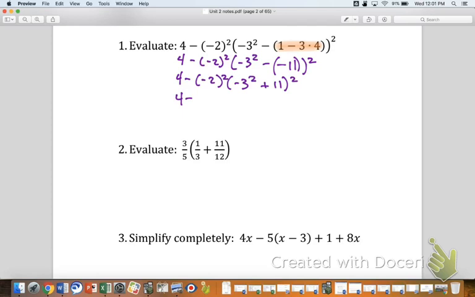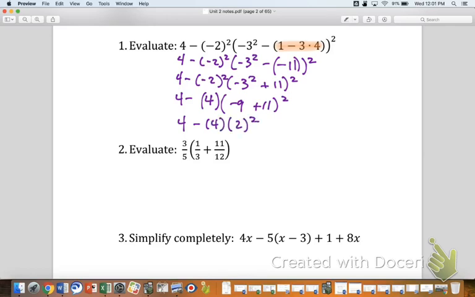Positive 4. Positive, right? Positive 4, yep. So 4 minus 4 times, now in here, what is the negative of 3 squared? Negative 9. That's where I went wrong. Gotcha. That's an easy place to go wrong. Okay, so then finally, negative 9 plus 11 is 2.